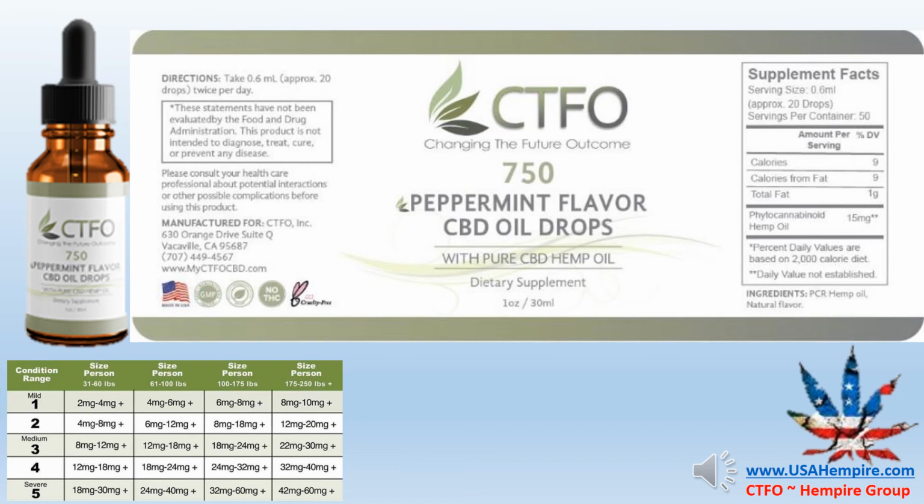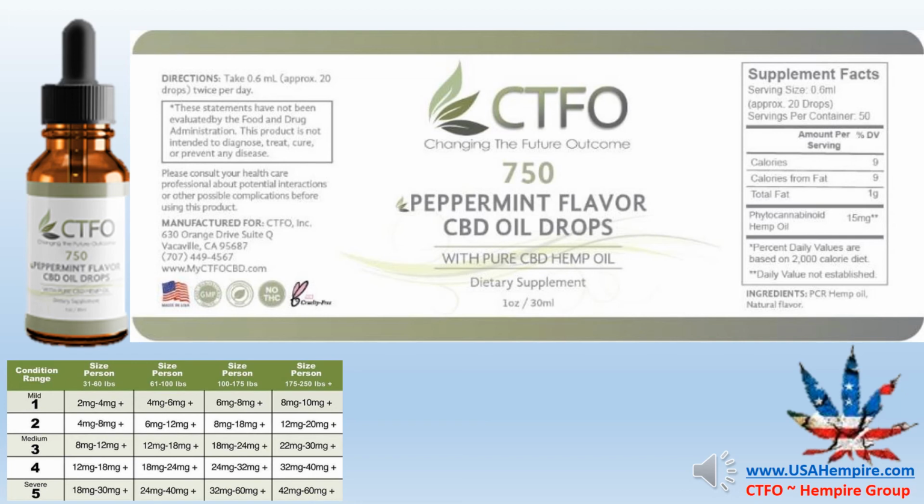Remembering my goal is to hit 30, well, this is looking good. That would be 15 and 15 is 30. That would be 2 servings a day. So now when you consider 2 servings a day, 50 servings in a bottle, I would be done with this bottle in about 25 days. That is something that is doable.